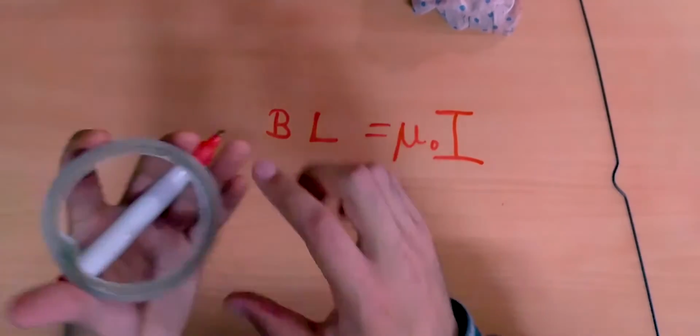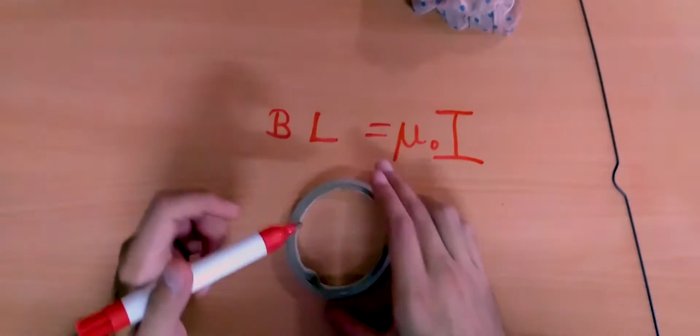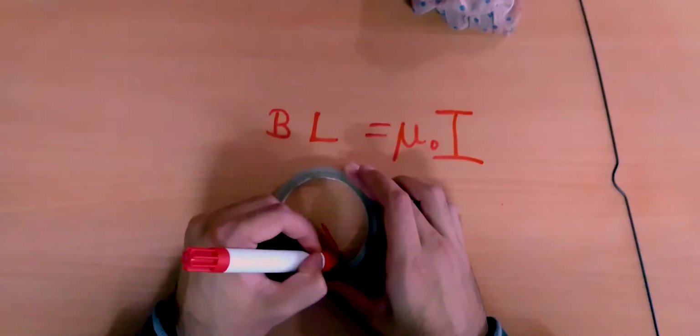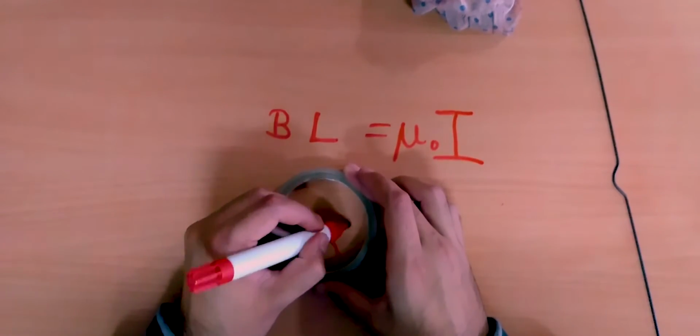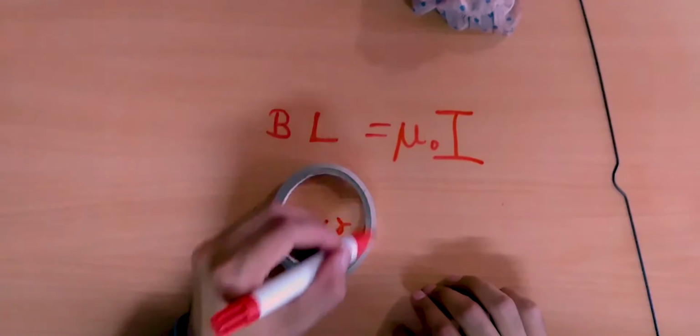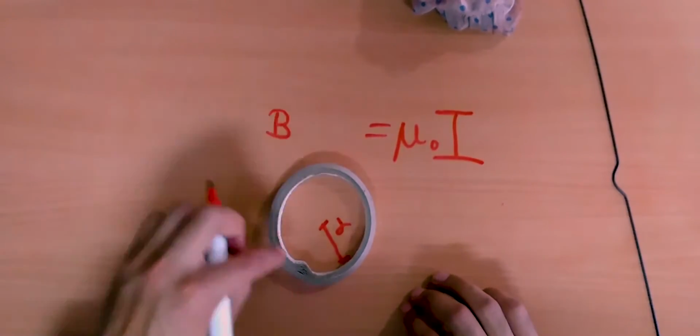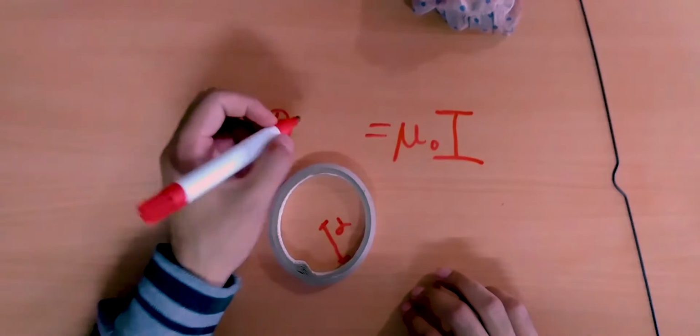And if this is a circle, as in this case, we can further simplify it by taking the radius of the circle as r. So if I take the radius of the circle as r, I know that the circumference of the circle would be 2 pi r. So instead of writing L there, this length, which is the circumference, would become 2 pi r.